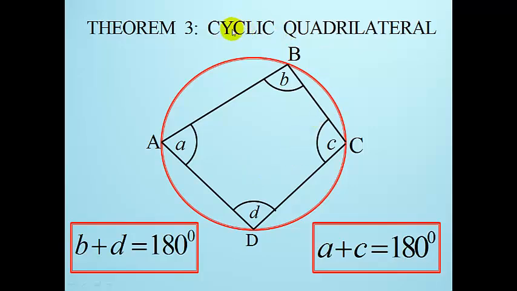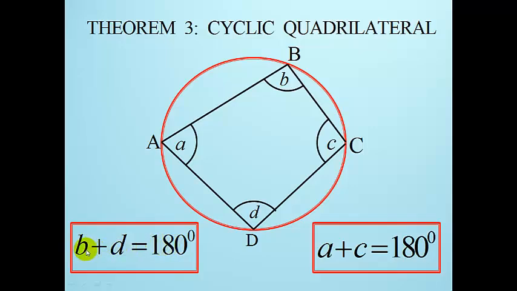Now when we have a cyclic quadrilateral, that's a quadrilateral in a circle, the sum of the opposite angles is equal to 180 degrees. Now when we consider the quadrilateral A, B, C, D, we can see that angle A is opposite to the angle C, and angle B is also opposite to the angle D. So because the sum of the opposite angles is equal to 180 degrees, it means that angle B plus angle D is equal to 180 degrees.